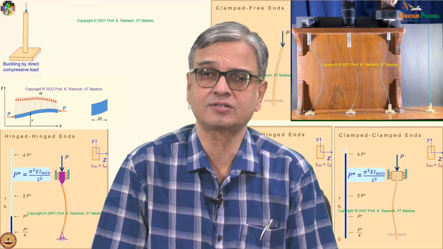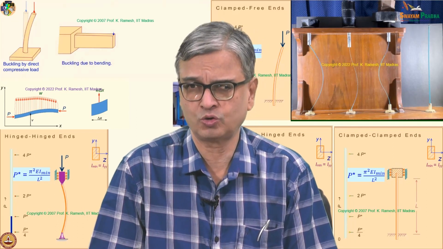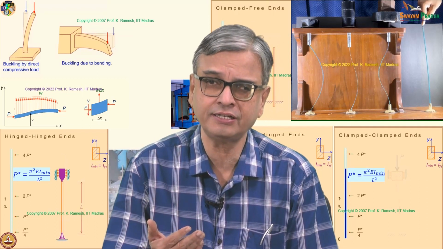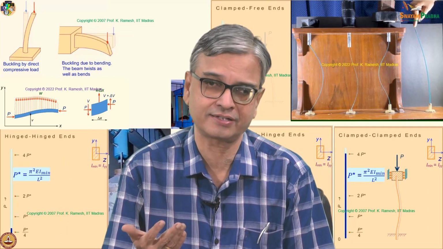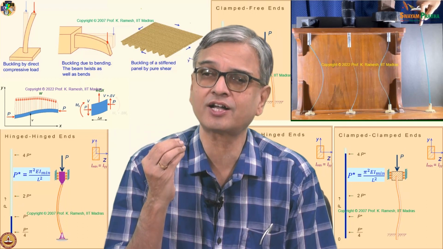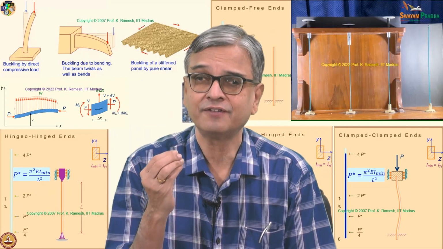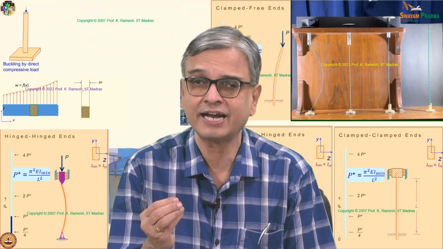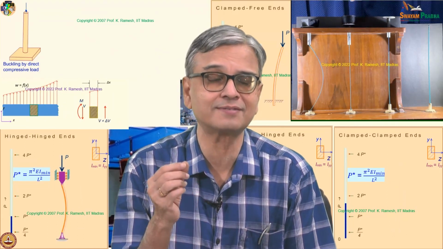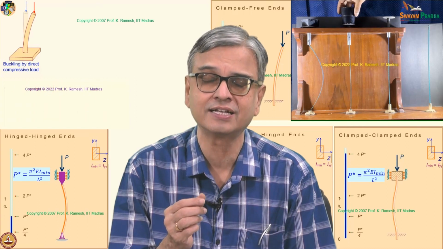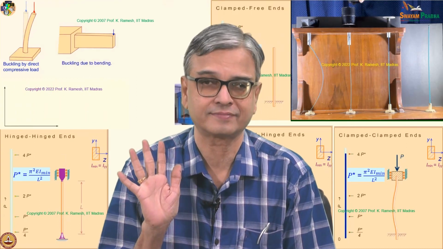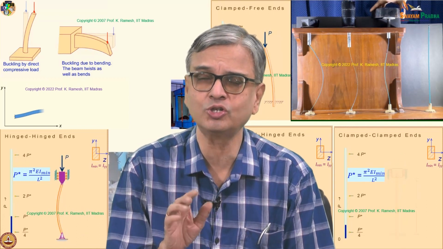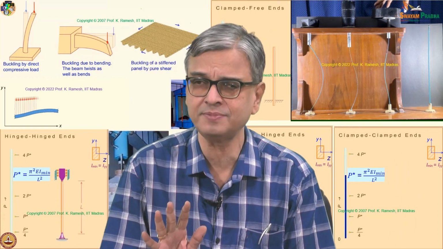Wherever you come across compressive loads, whether in bending or torsion or even in shear, you have to keep at the back of your mind that if the compressive stresses exceed a limit and your optimized structure has minimal thickness in those areas, it can lead to buckling. But mathematically, for the purpose of this course, we will confine our attention to columns.